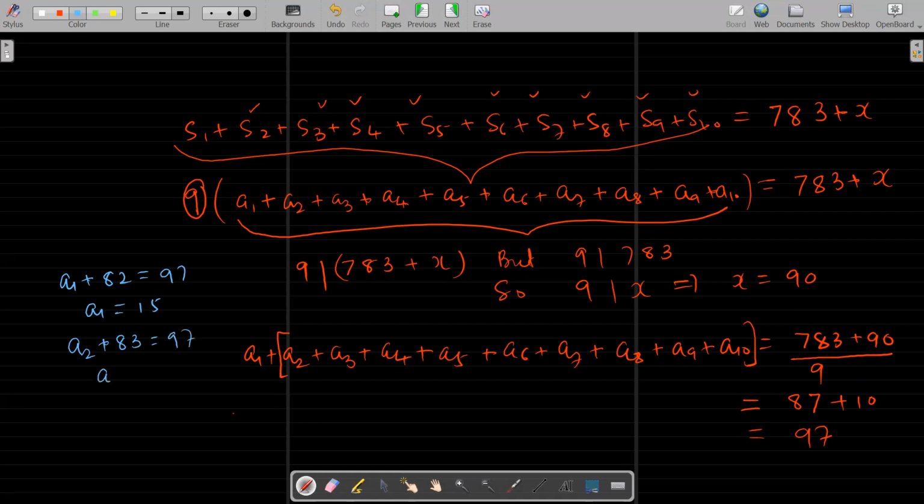So that means the age of the second student is 40. And so on. You can find the ages of all of them. So I leave it to you to find the ages of all of them.